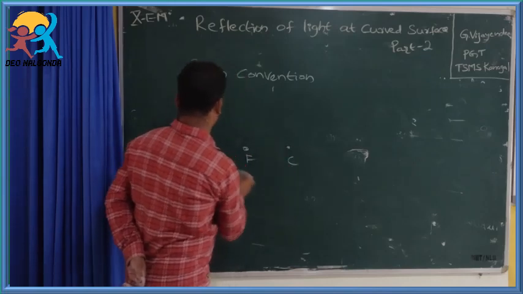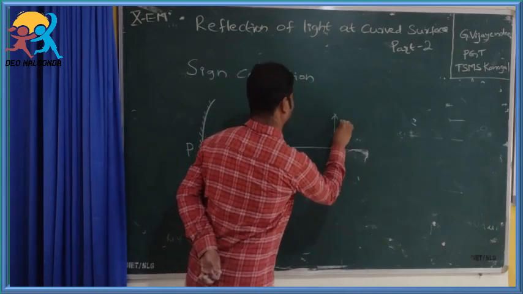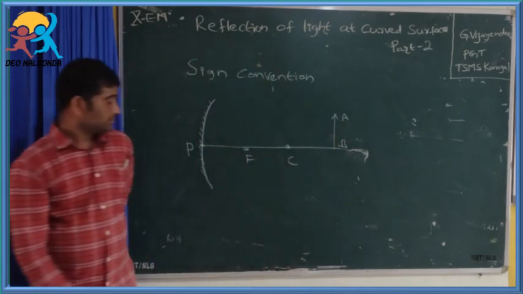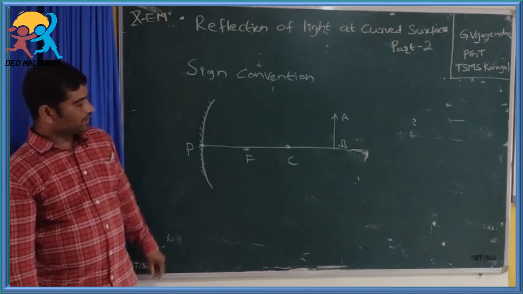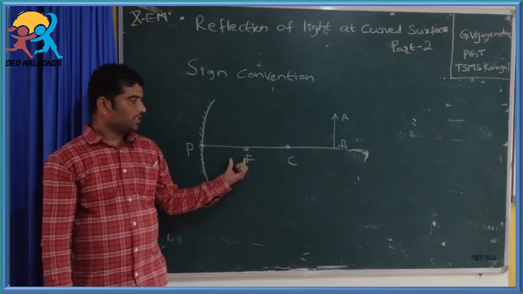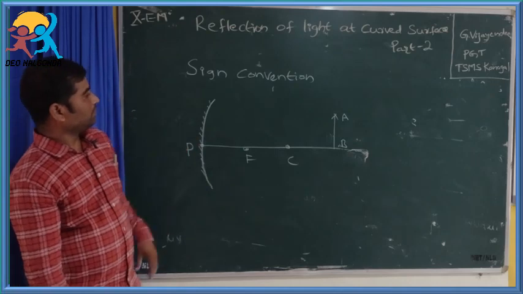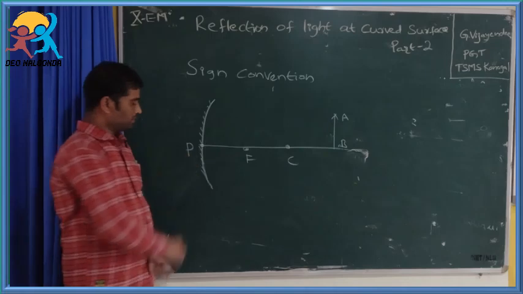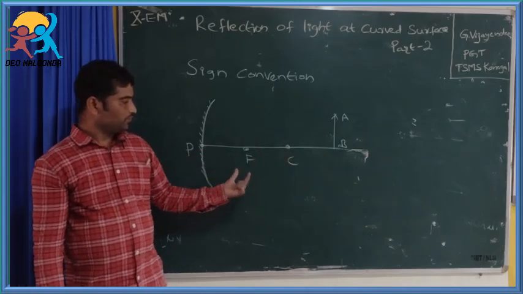This is the center of curvature. This is the object AB. Sign convention means we are giving signs to the object distance, image distance, focal length and radius of curvature. How do we give the sign to the object distance and image distance? Here the geometrical midpoint is called the focus F.